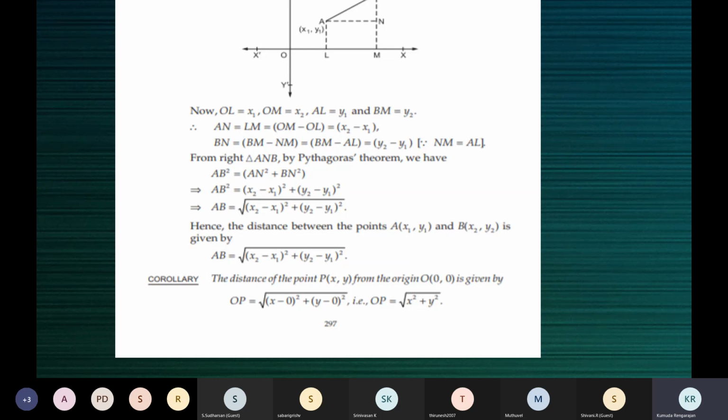What is that equation? This point C is equidistant from A and B. How do you express this as an equation? AC is equal to BC, ma'am. AC is equal to BC. Very good, Tirunesh.